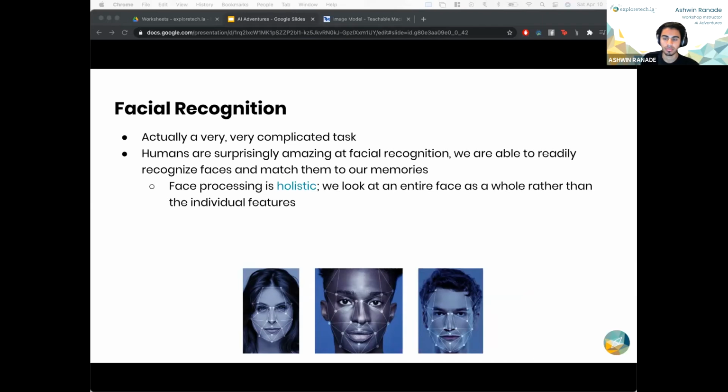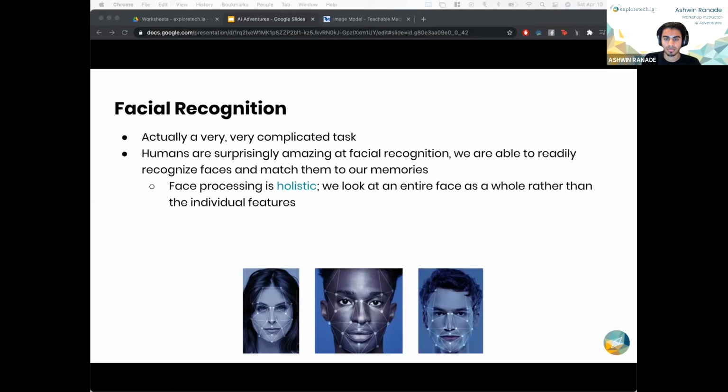Computers, on the other hand, are generally able to detect a bunch of different features at a single point in time. We give it data. It tells us this eye is blank millimeters wide. It isn't able to judge how that eye is in relation to the nose, for example. So it's not really able to compare these different features of the face as well as humans are able to do.